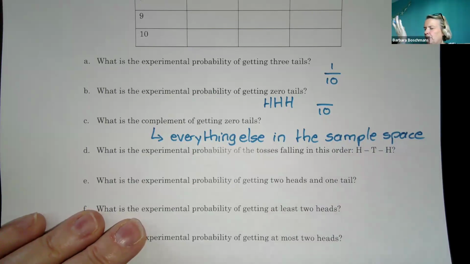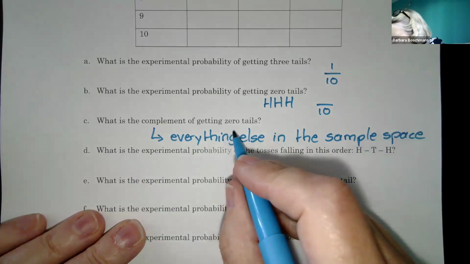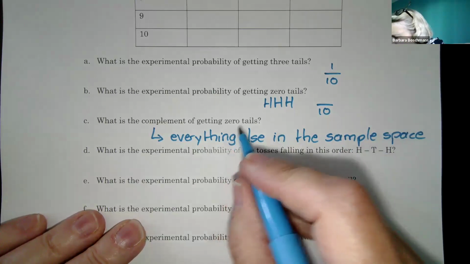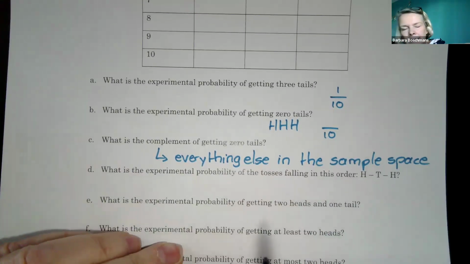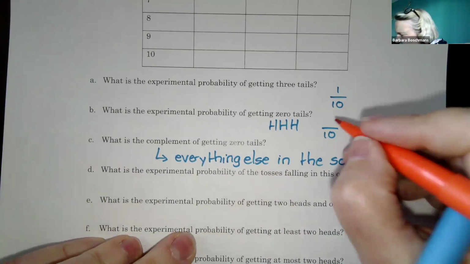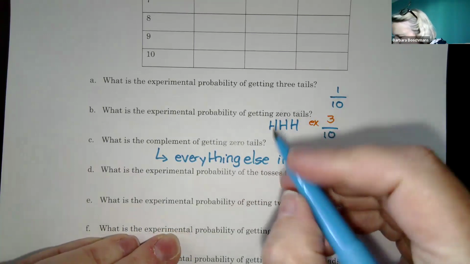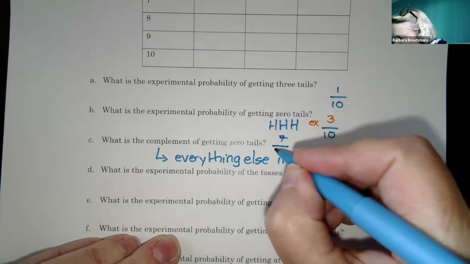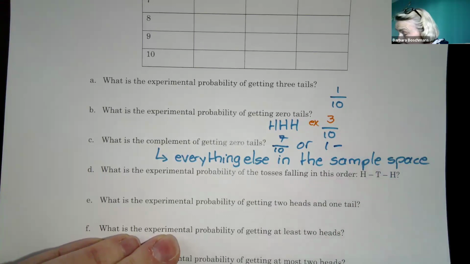So if you take the probability of an event and its complement, it should add up to 1, or in this example, 10 out of 10. So I want to get 0 tails. Let's say, for example, I'm making this number up, I have 3 out of 10. Then the complement would be 7 out of 10, or it would be 1 minus the 3 out of 10.